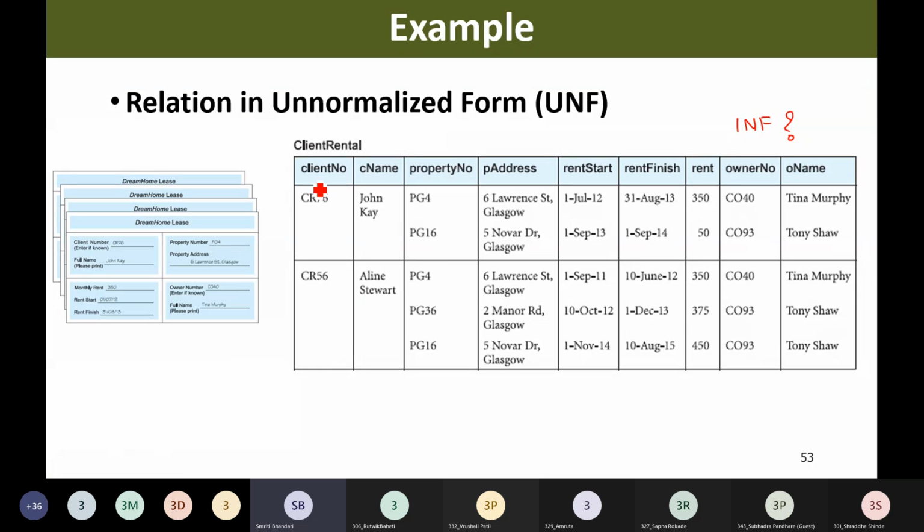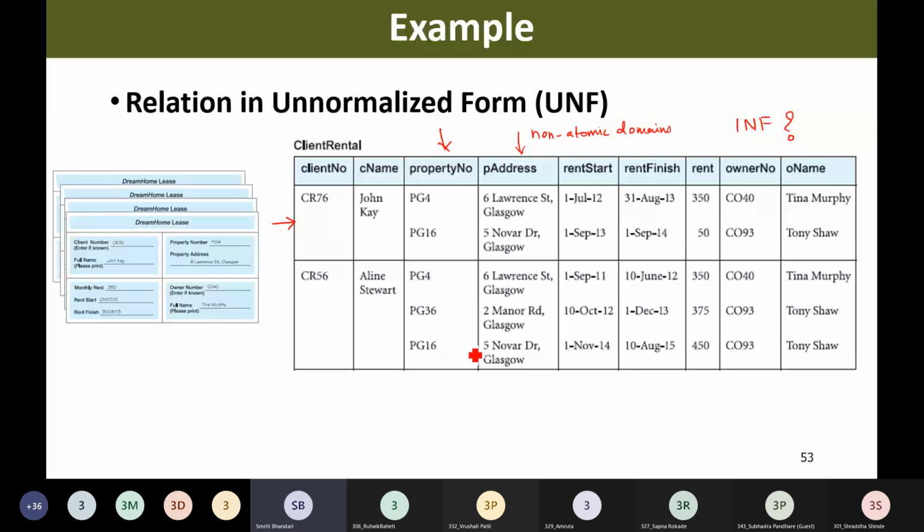So that is the reason. The intersection of this row and this particular column contains more than one value. The intersection of this row and this column also contains more than one value.